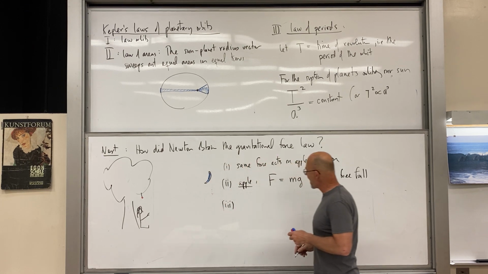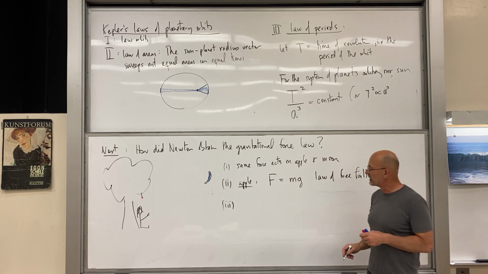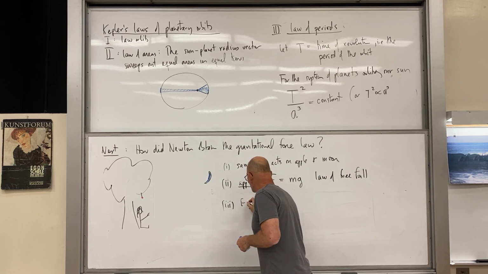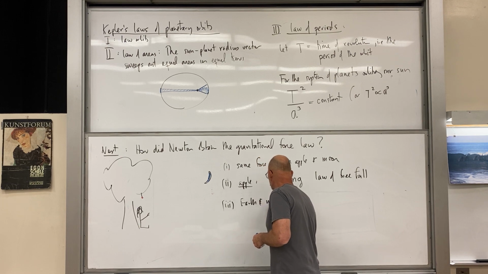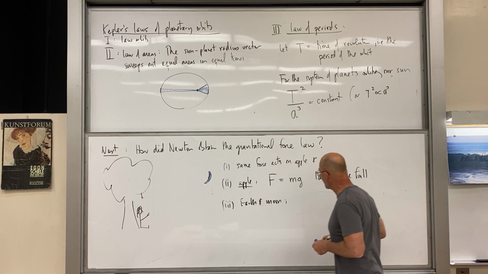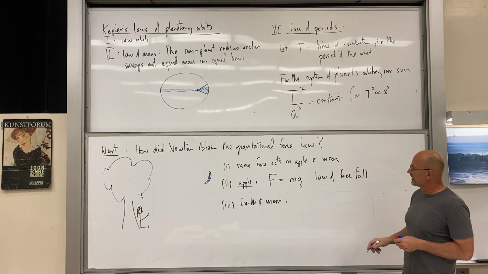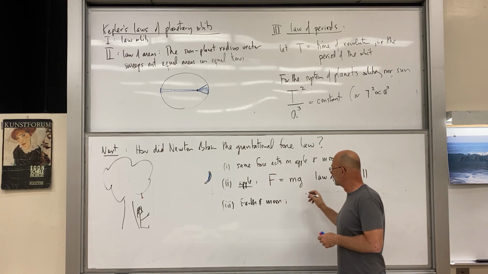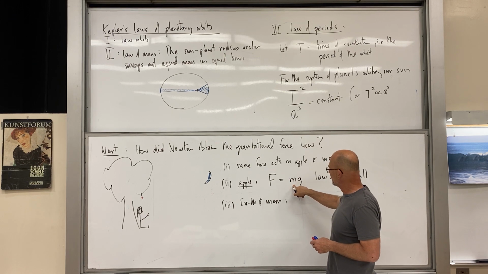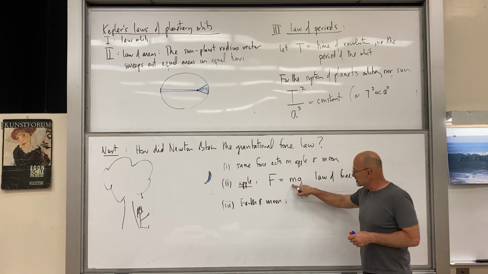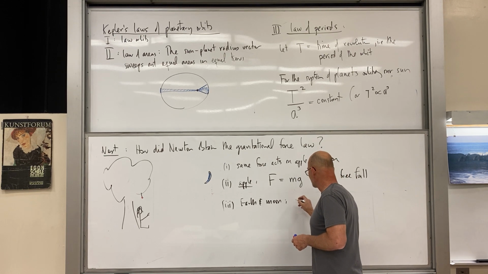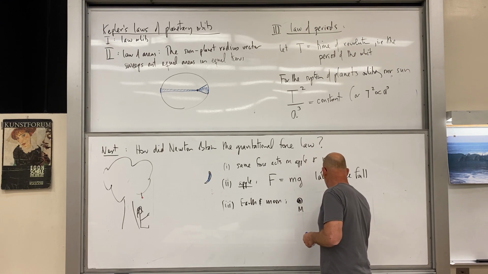Now the next argument is, instead of the apple, you can talk about Earth and Moon, and if you're talking about the Earth and the Moon, then you could say, well, the force that the Earth exerts on the Moon is going to be proportional to the mass of the Moon. So let's go ahead and do this. Capital M, little m.